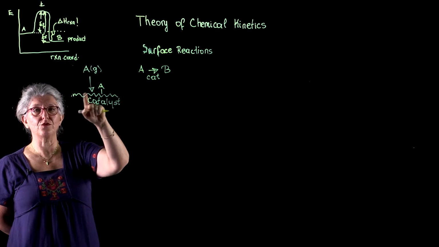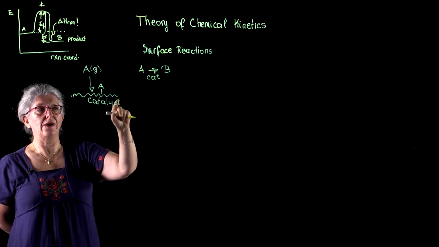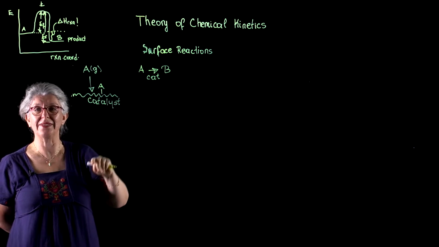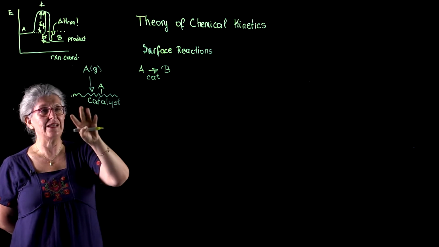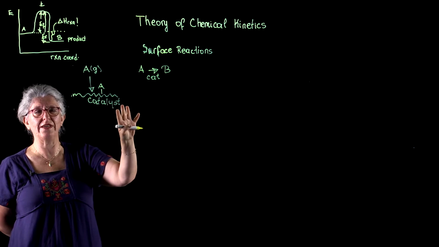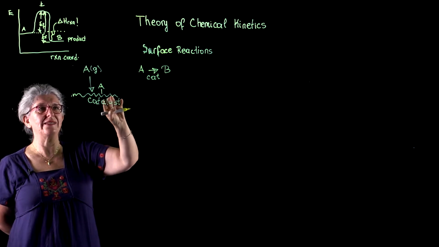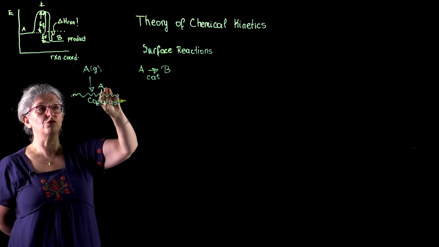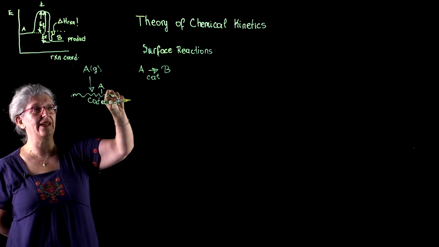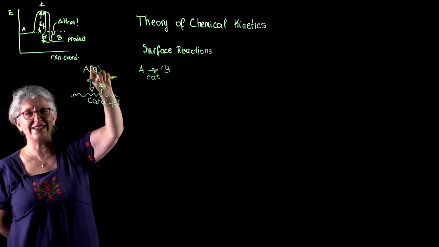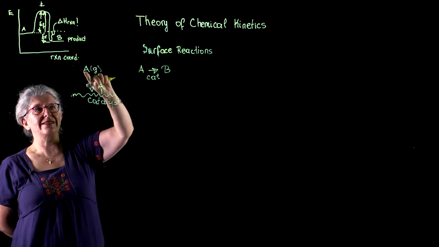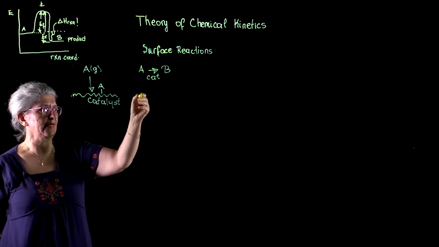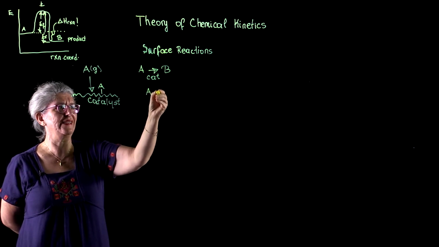Because catalysts and their surfaces are in metastable states, they possess a huge amount of energy embedded in the unsaturated surface bonds. Those surface bonds are very reactive, and the moment they see this species A, they are ready to interact. So we have A.